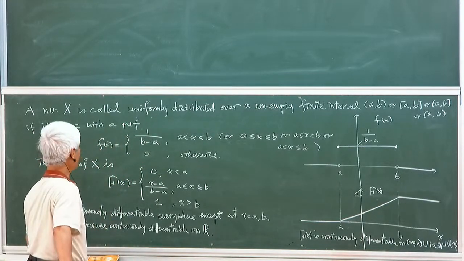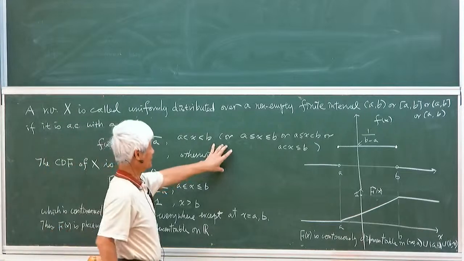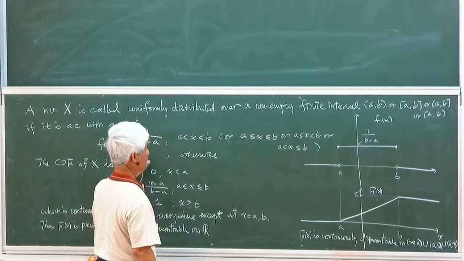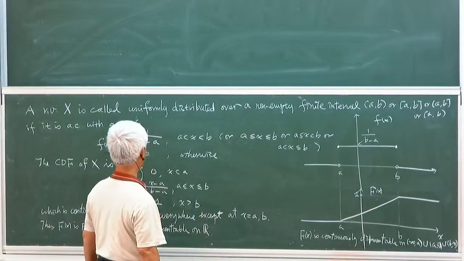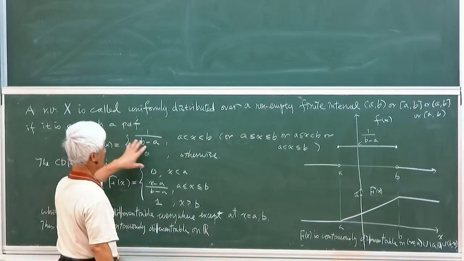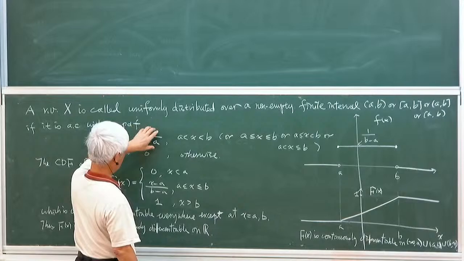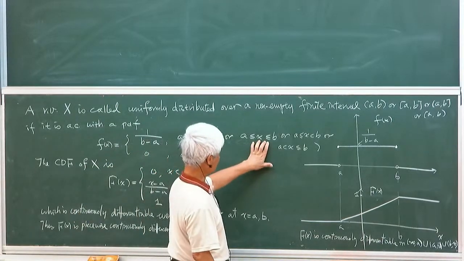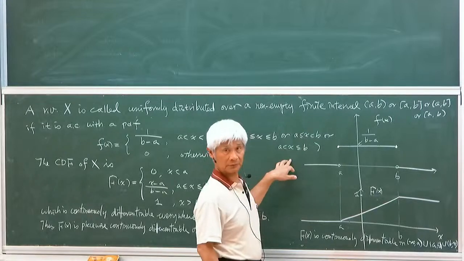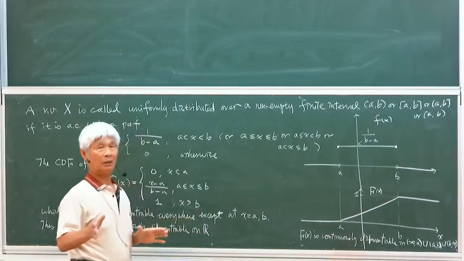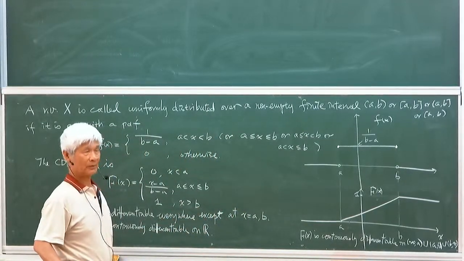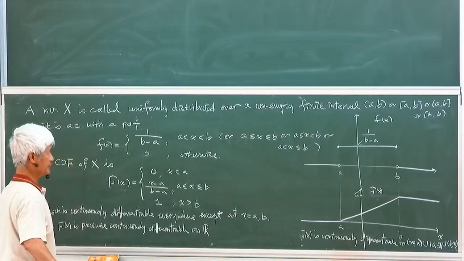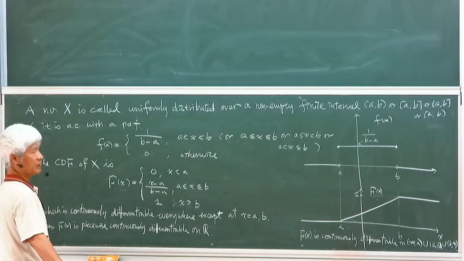But as we see, according to your problem, you may want to specify a PDF that equals this value on an open interval, closed interval, or half-open, half-closed interval, according to your need. So you have some arbitrariness here.